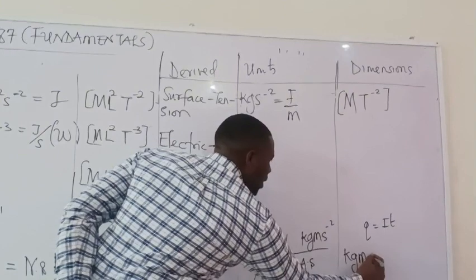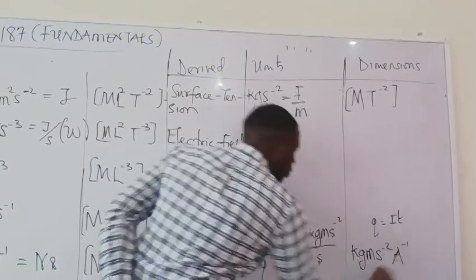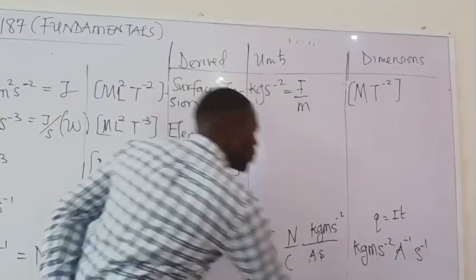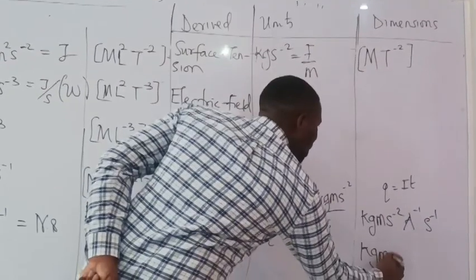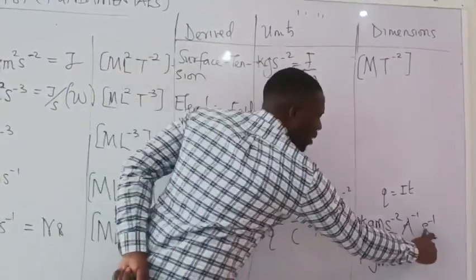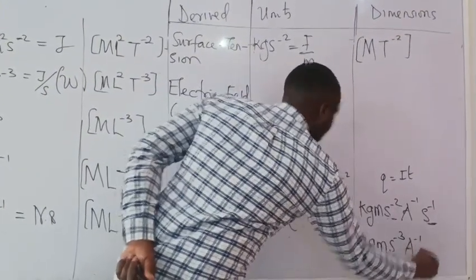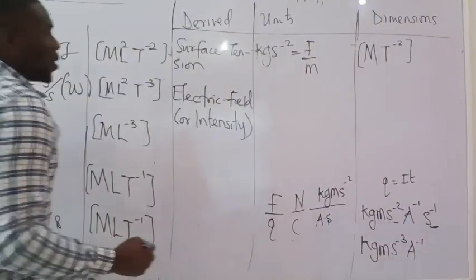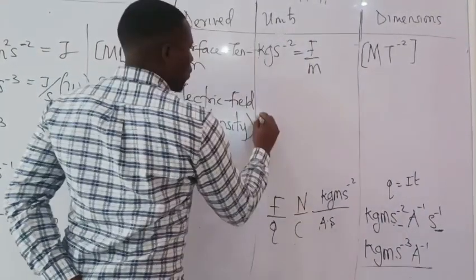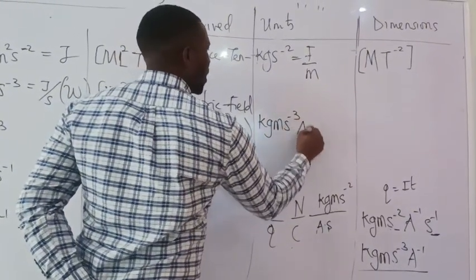If I were to write this, we would get kilogram meter per second squared. Now everything I have downstairs becomes raised to a negative power. So we get kilogram meter per second raised to power 3, second raised to power minus 3. By the law of indices, pick the bases that are the same and add up the powers, then I have per ampere. So electric field intensity, when expressed in its SI units, would be kilogram meter second raised to power minus 3 per ampere.